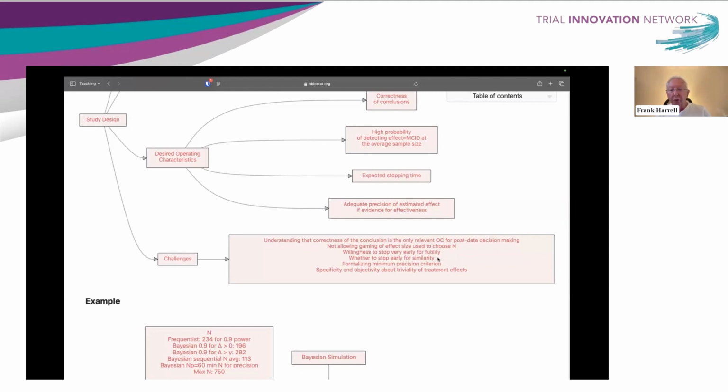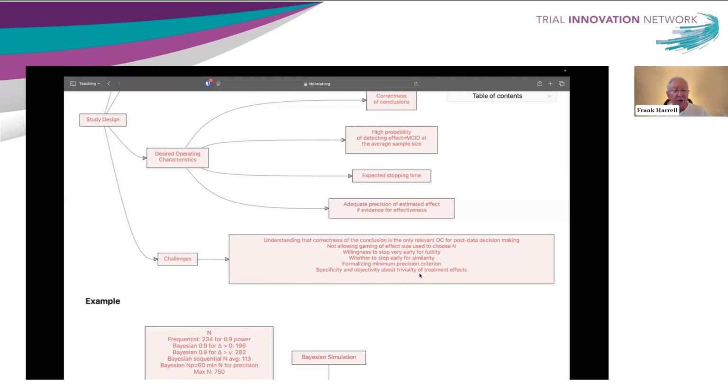If you're willing to stop early for similarity, that will affect the design a little bit, not nearly as much as this. And then we need to formalize the minimum precision criterion for estimating how effective a treatment is. And then we need to be very specific and objective about what we mean by a trivial treatment effect.